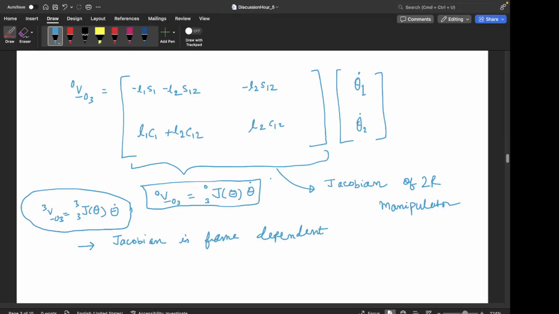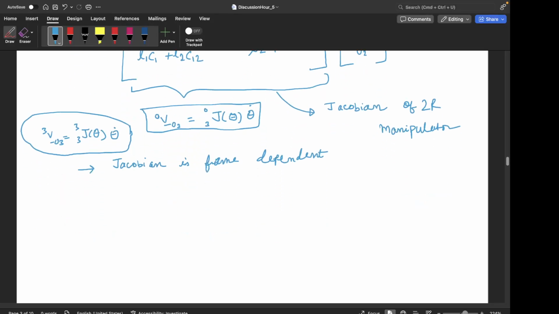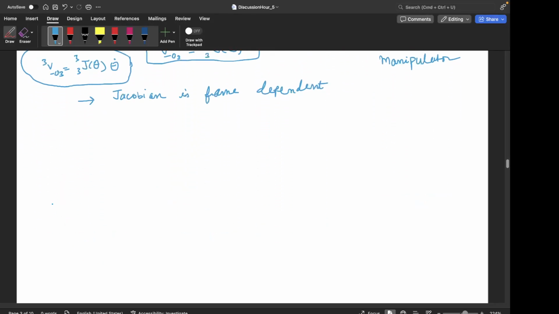Right? So this matrix that we got here, you can also find in another way. If you remember, this is the 2R manipulator. This is theta 2, this is theta 1, this is L1, this is L2.